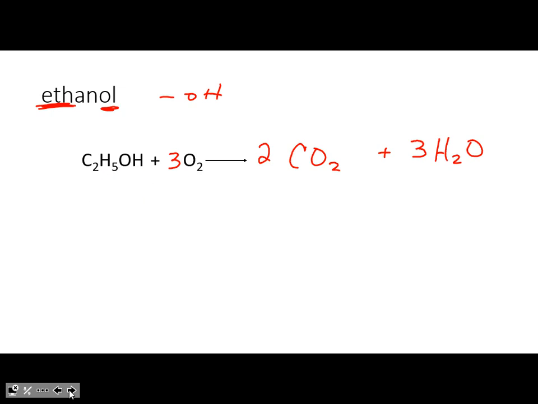If I get all that gook out of there: 2 carbons, 2 carbons. 5 and 1 is 6. 3 and 2 is 6. 3 and 2 is 6, plus 1 is 7. 2 and 2 is 4, plus 3 is 7. So I have a balanced combustion reaction.